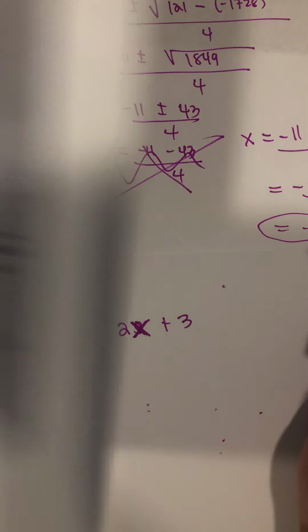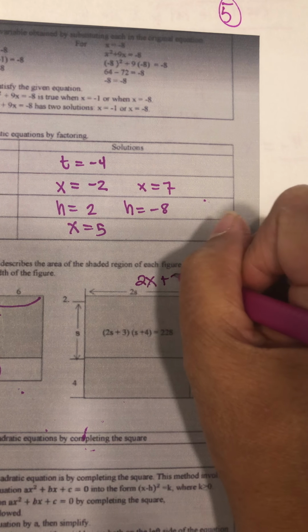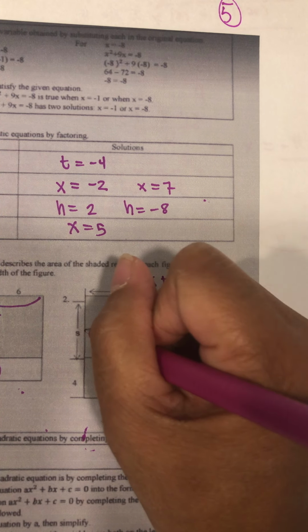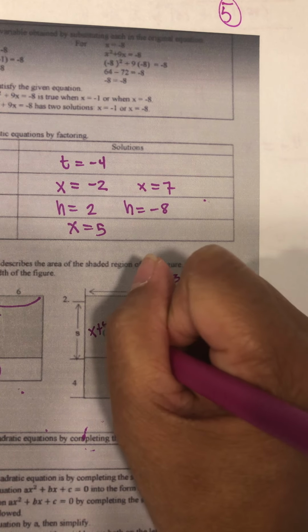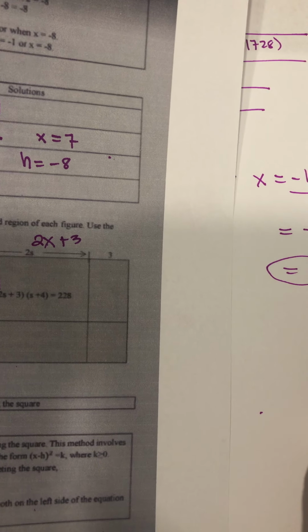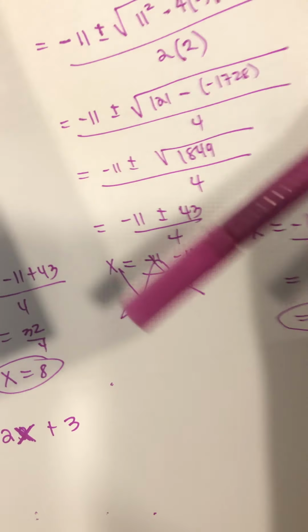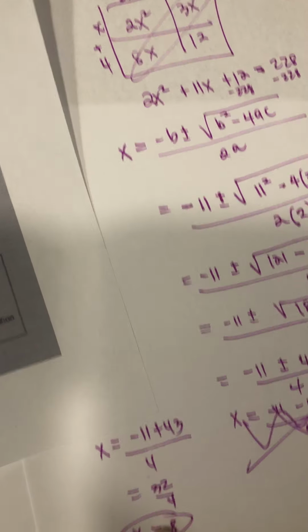The top is 2x plus 3, and right here is x plus 4. If I use the negative, maybe it would work. Nope, that wouldn't work, so this is being ruled out. We cannot have a negative side. So we're only using x equals 8.